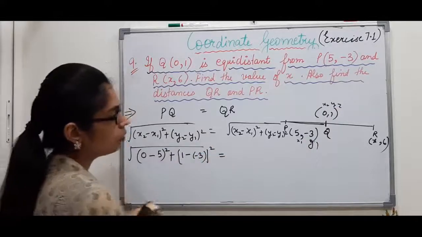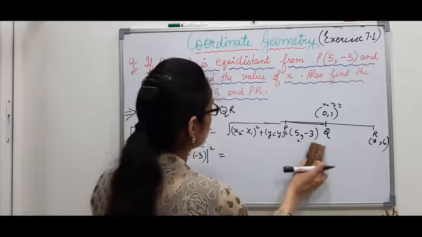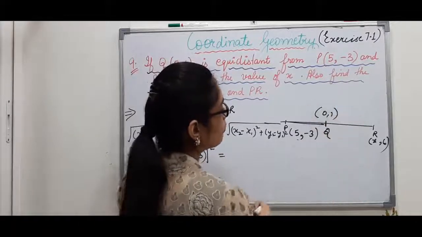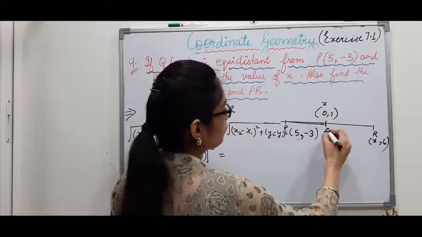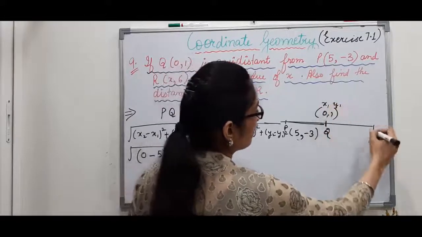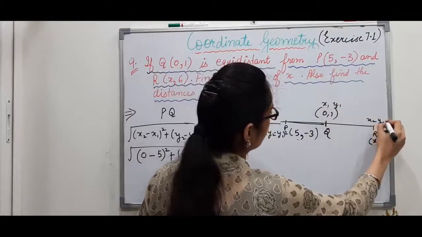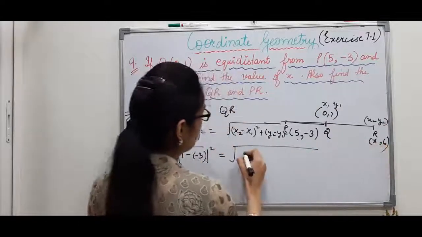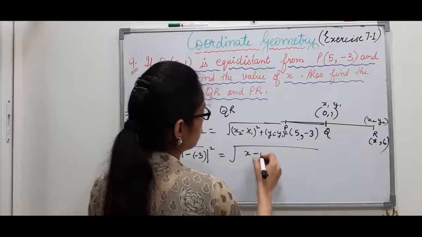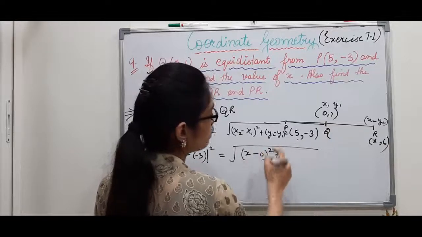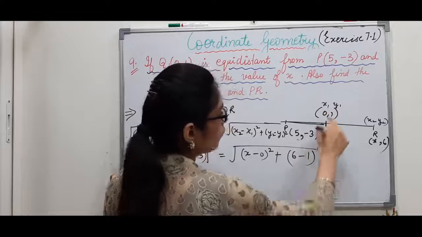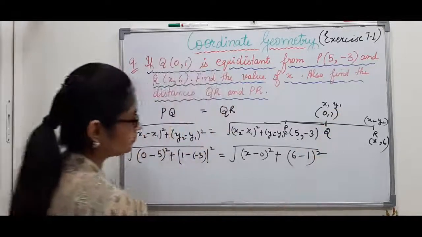It is equals to, now we have to find the distance of QR. So I will name these points as x1 y1 and x2 y2, at R I will name it. So x2 is x, x1 is 0, whole square, plus y2 is 6 minus y1 which is 1, whole square.